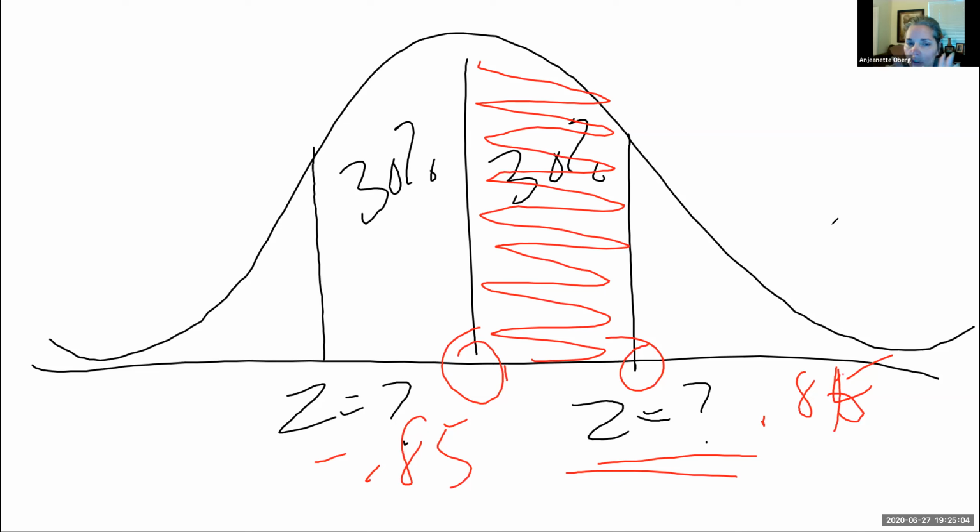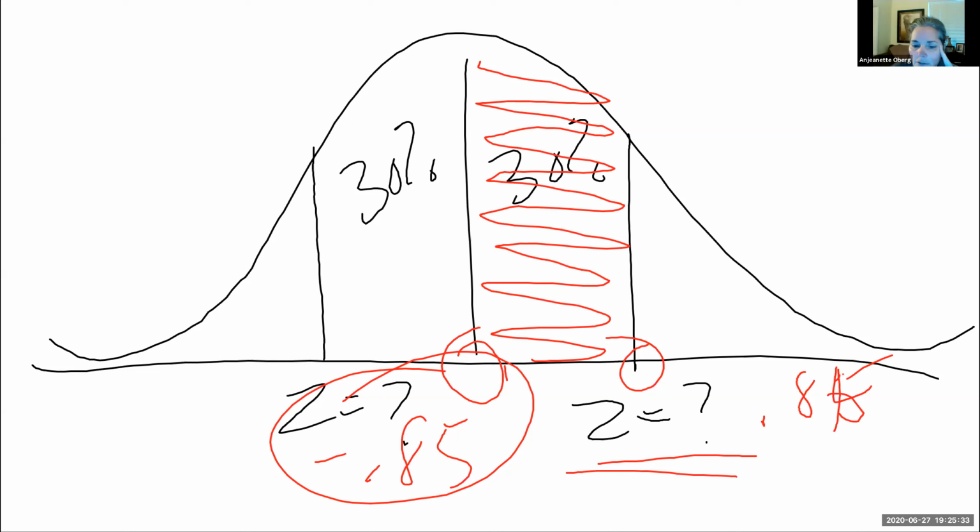And I do want you to consider something just to double check our logic. We know about 70% of the data falls between a -1 and a +1 z-score. Remember, about 70% of your data falls within 1 standard deviation above or below. So it is reasonable that about 60% would be about 0.85. So you can also do a logic check based on what you know, okay?